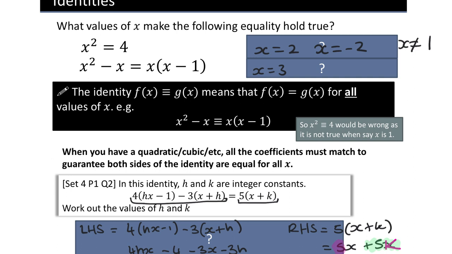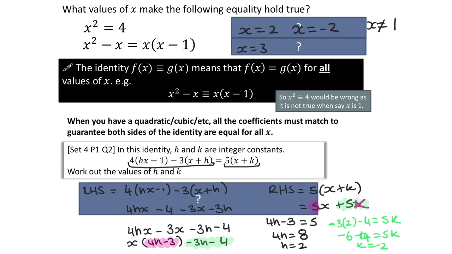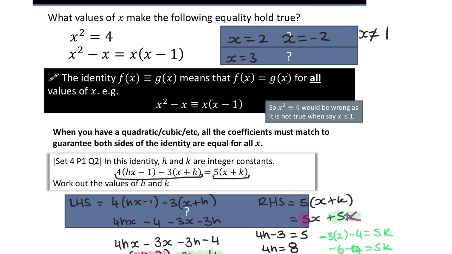Minus 10 equals 5k. K equals minus 2. So you can see here, therefore, h equals 2 and k equals minus 2.